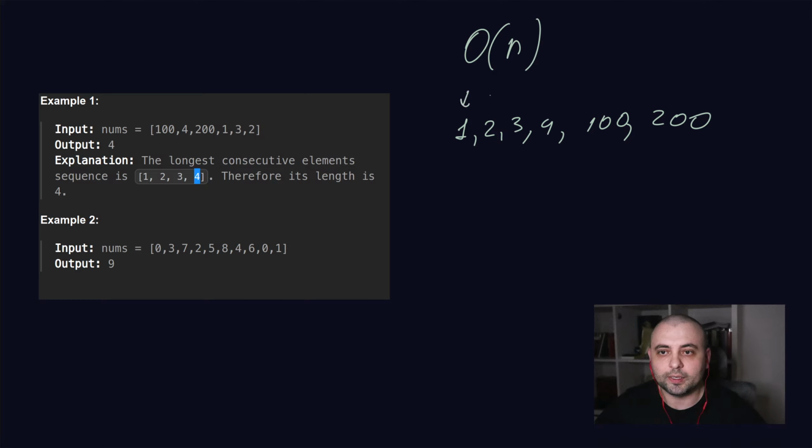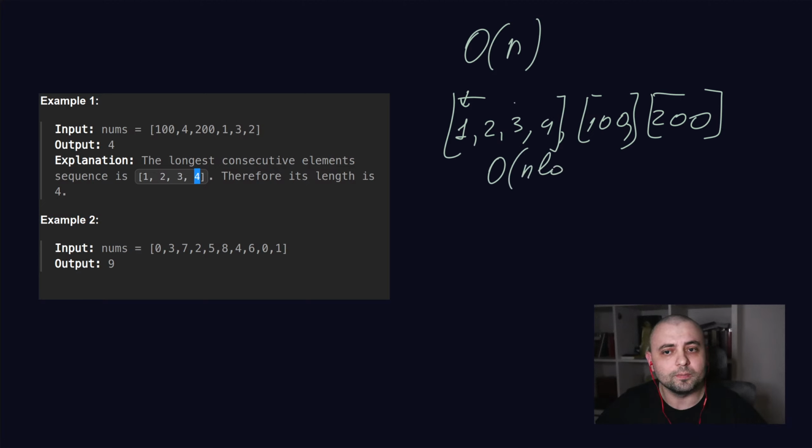If the second is part of a sequence, then the third, and so on, so we can find easily what the sequences are. This would be one sequence, this would be another, the third one would be another. If we sort the array, our algorithm will be big O of n log n, which will be a very slow algorithm for this problem.